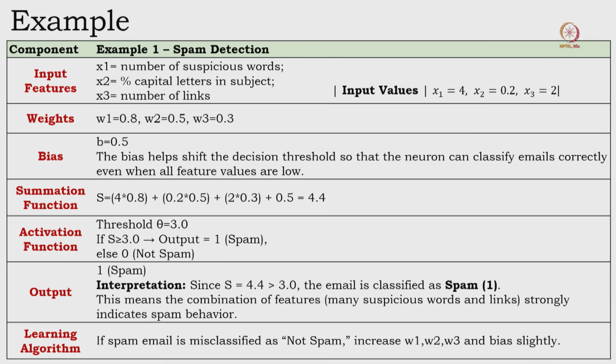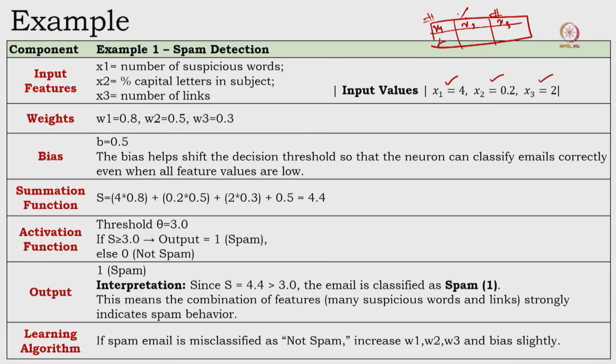The second feature, x2, is the percentage of capital letters used in the subject. The third feature, x3, is the number of links.